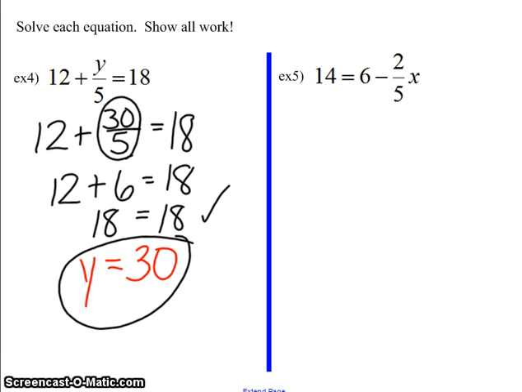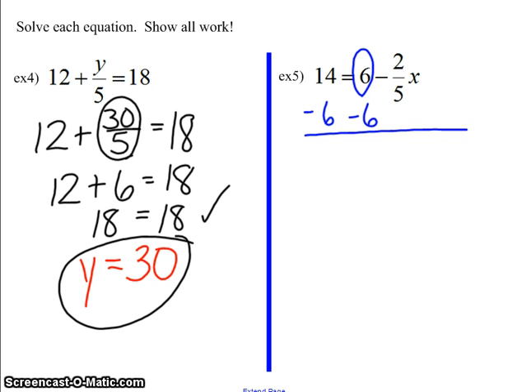Now, in this example, things do get a little tricky as far as that minus sign. The minus sign in this case is showing that we're subtracting a 2/5 x. The 6 is positive. So in order to get that positive 6 away from this side, we're actually going to take away the 6.